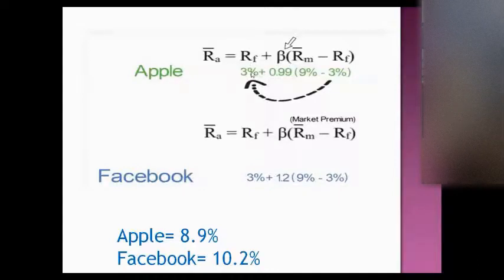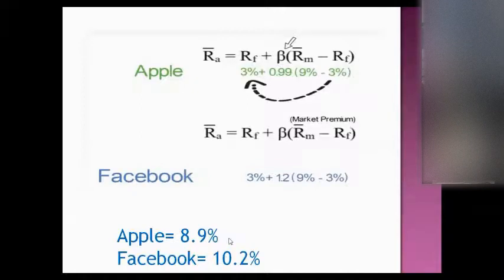So the conversion of this 3% to decimal is how much? 3% is 0.03. Okay, very good. Then plus 0.99 times, ay 6% rather, kasi 9% minus 3% equals 6%. So again, convert that 6% into decimal.